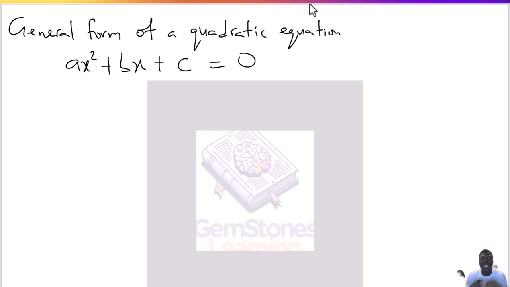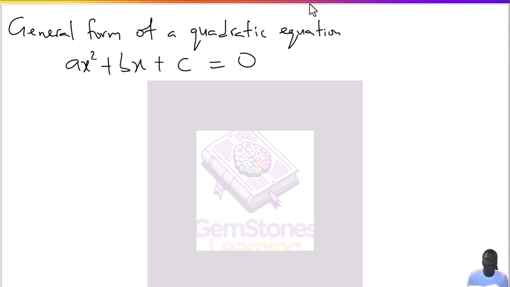So it simply means any equation, no matter how it is given to you, you must bring it back to this form. Take note, it can be any letter, not just x. It can be ay squared plus by plus c is equal to 0. But take note, a, b, and c are real numbers.